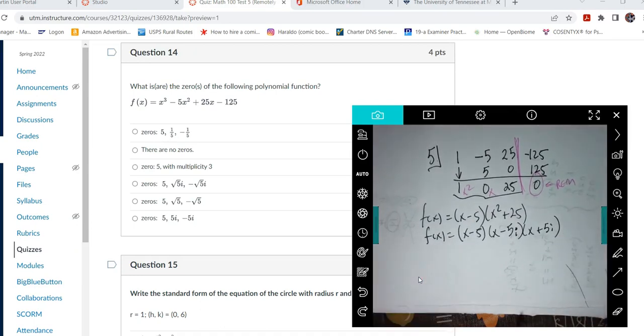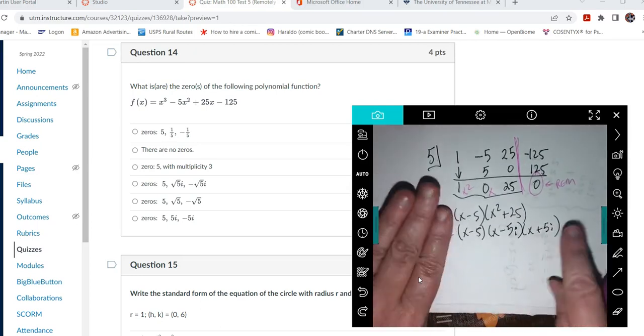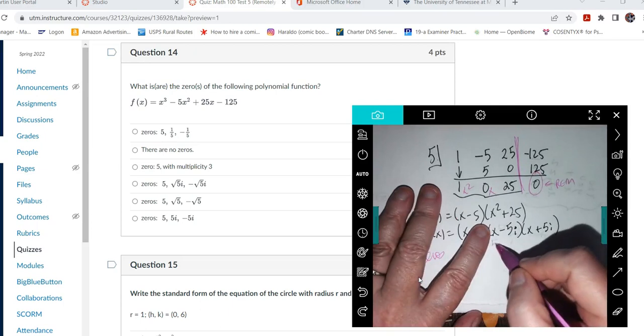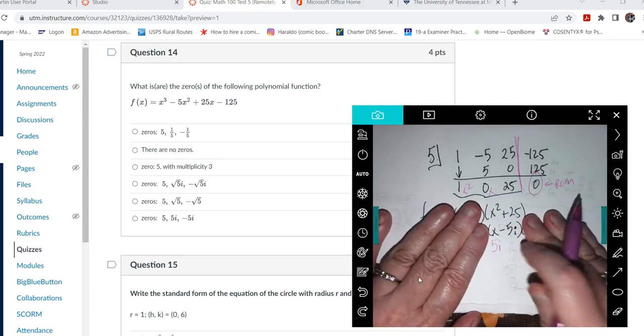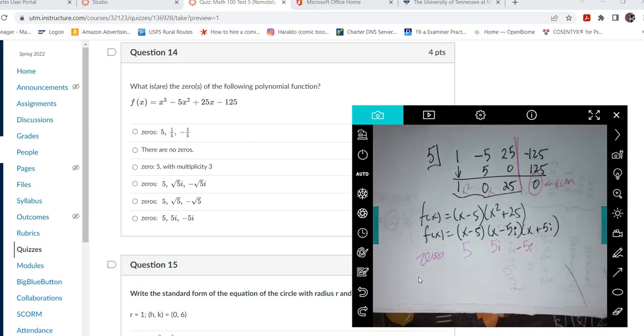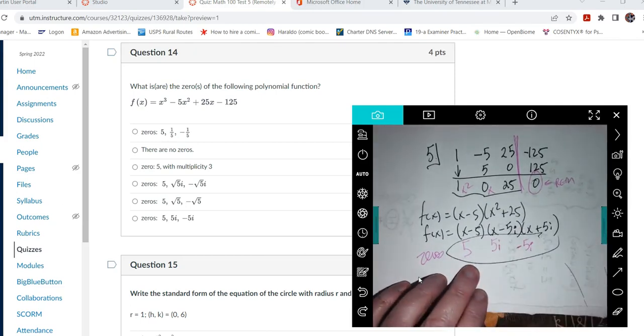So what are my zeros? What will make these 0? Well, if x is 5i, that will make the whole thing 0, and if x is negative 5i. Now, if you look at the graph, you'll only see an x-intercept at 5 because these don't show up as x-intercepts. So I'll have 5, 5i, and negative 5i.